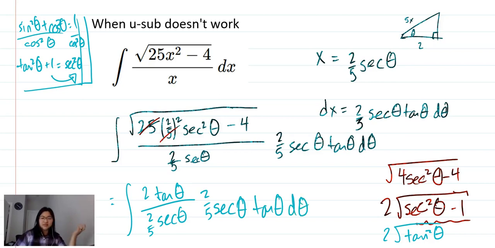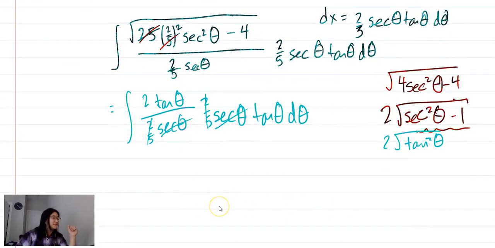And then some stuff can cancel, right? What are we getting? We've got 2/5 and 2/5 secant, so we got just tangent squared. That's really great, because then, yes, we have this lingering 2. And then we have the integral of tangent squared theta d theta.